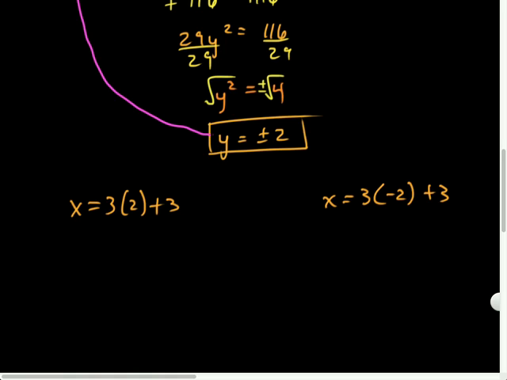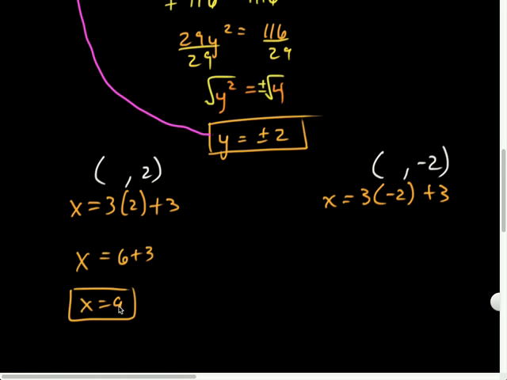All right. So this is the situation where I had something comma 2, and this is the situation where I have something comma negative 2. All right. So I'm finding both points' x coordinates. I just want to be explicit there. X is equal to 6 plus 3, so I get x equals 9. And this is specifically only for the y equals positive 2 situation.